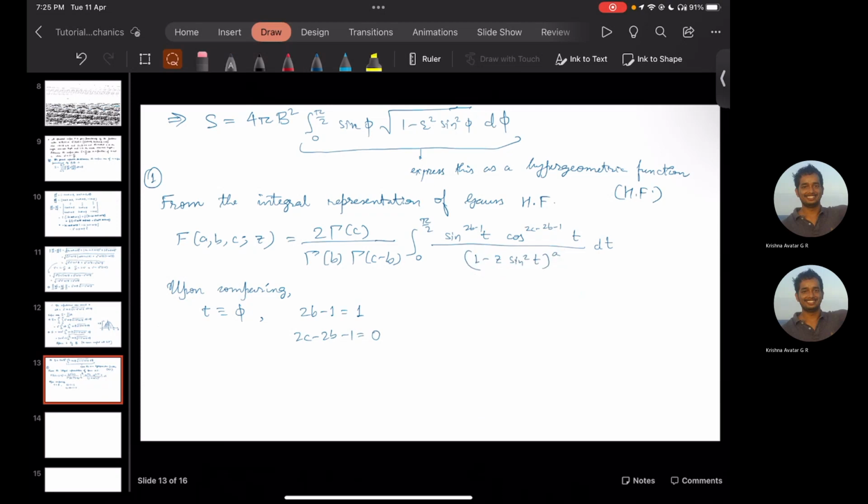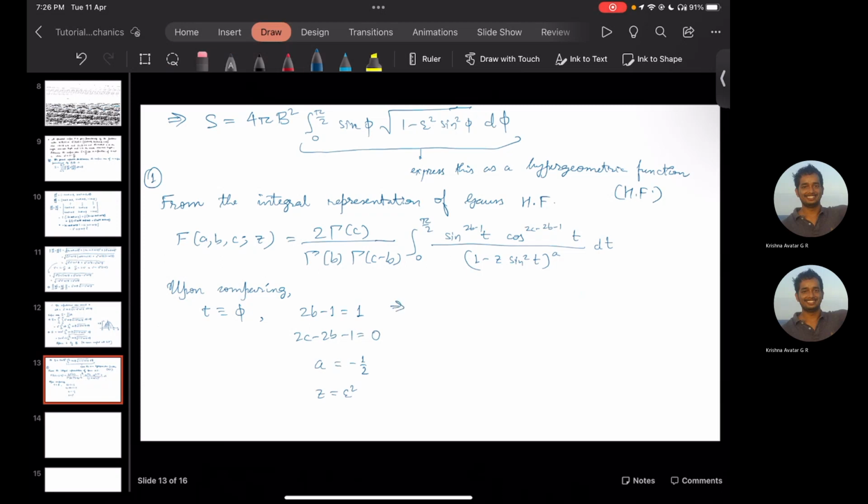And here you have 1 minus z sine square t to the power a. If we bring it to the numerator, this term will have exponent minus a. So what I'm trying to say is that a is equal to minus half. And since sine square phi is the same as sine square t, we'll have z is equal to epsilon squared.